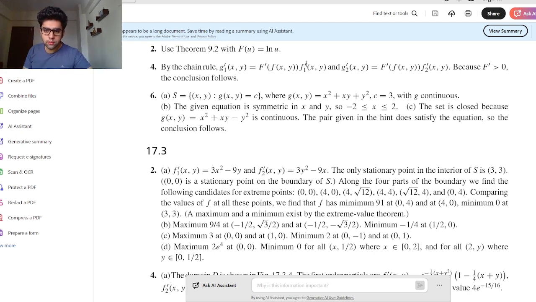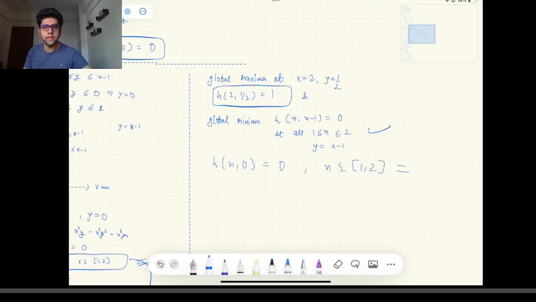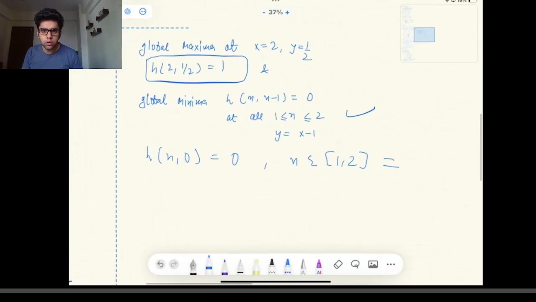Oh, wait a minute, my screen is not sharing. So basically they have written this statement also, right?